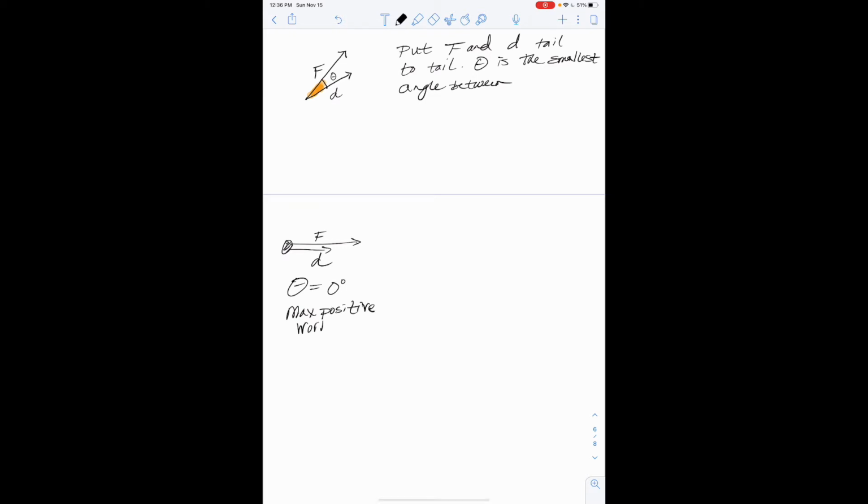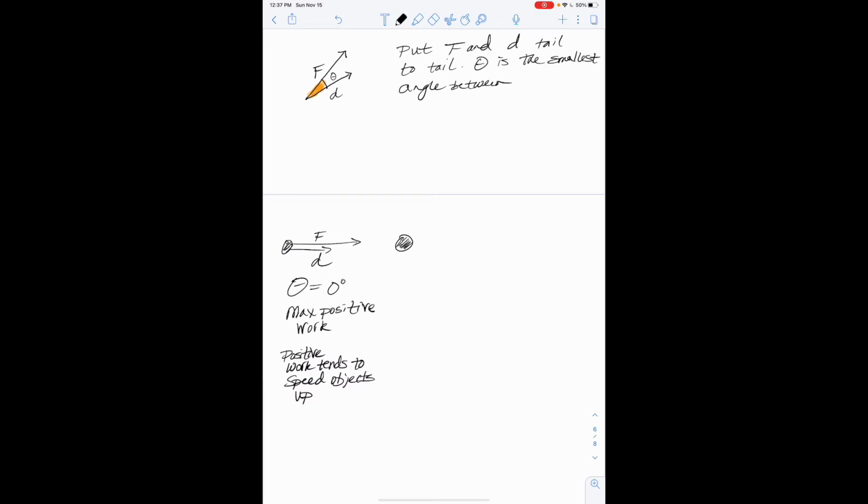Something that's worth knowing here is that positive work tends to speed objects up. The object's already moving in a direction, and all of a sudden we put a force on it further in that direction, so it should accelerate it and speed the object up even more.